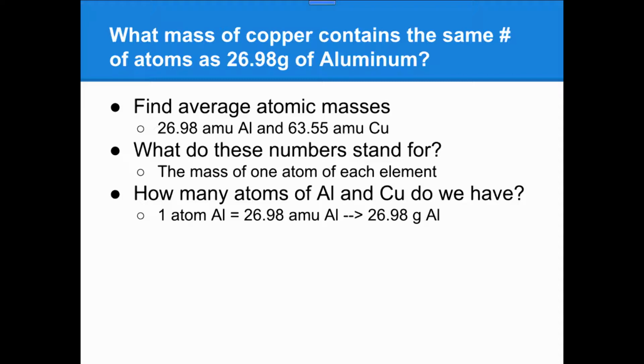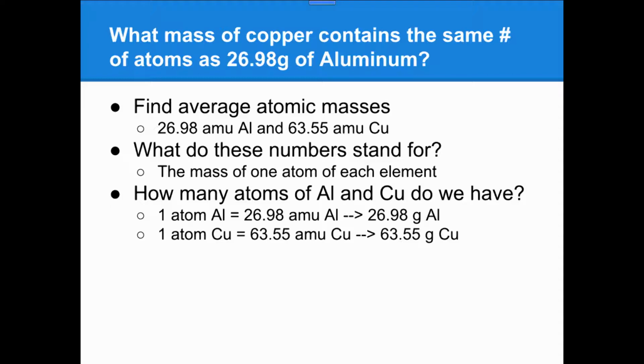If one atom of aluminum is equal to 26.98 AMU of aluminum, then we can say that aluminum is 26.98 grams. Okay, we can just make that assumption. So the mass number on the periodic table, if we change that from AMU to grams, they're equivalent to each other.